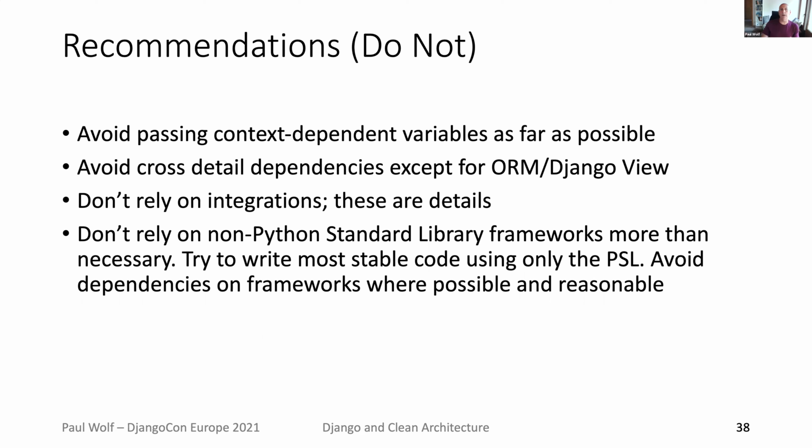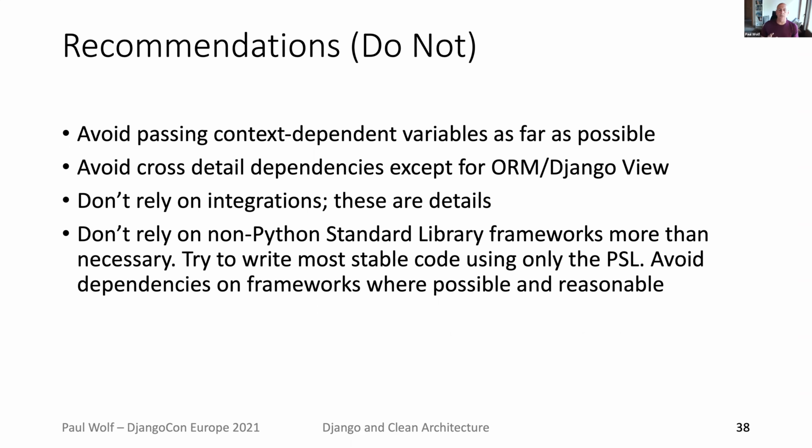So avoid passing context-dependent variables as far as possible. Try to avoid this cross-detail dependency, except for the ORM Django view dependency, which is just part of the Django framework, and it's kind of the reason for using Django. So it doesn't make a lot of sense to try to get rid of that.